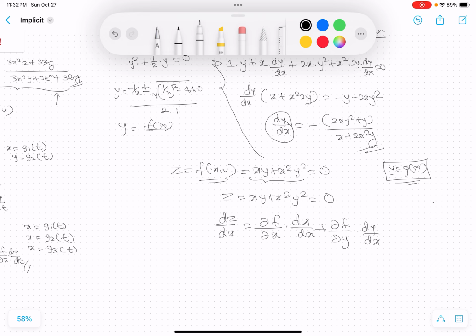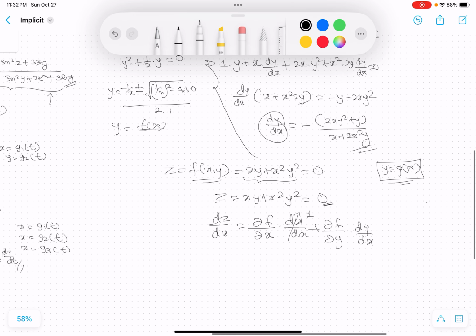This just goes to 1. Since g is just 0, the derivative of 0 with respect to x is just 0, right? And now this is partial f by partial x, and plus partial f by partial y times dy by dx.